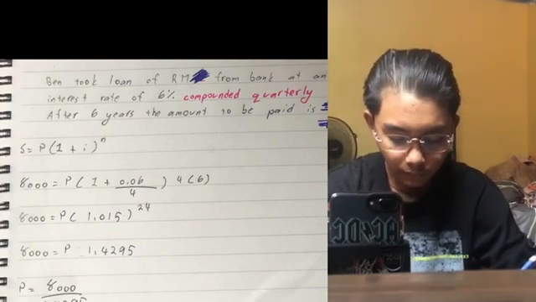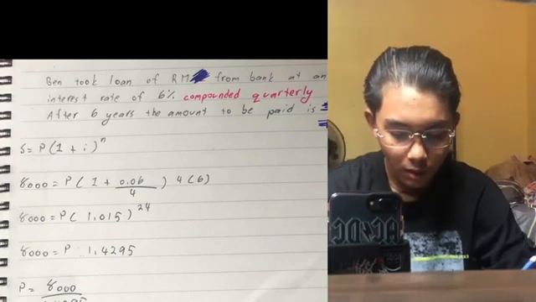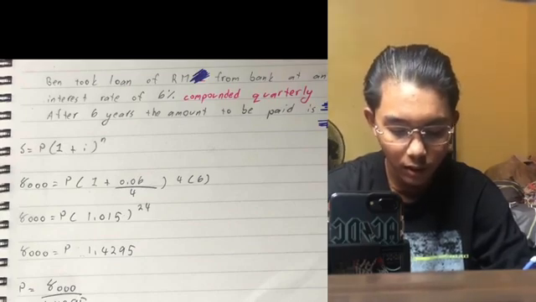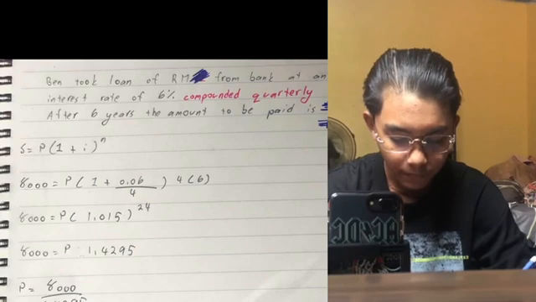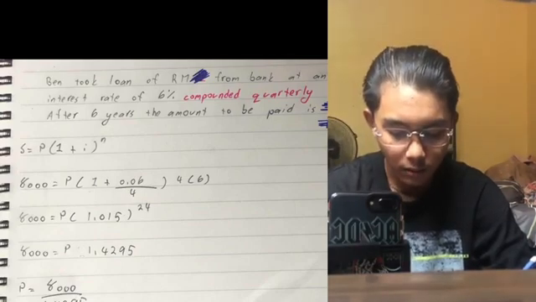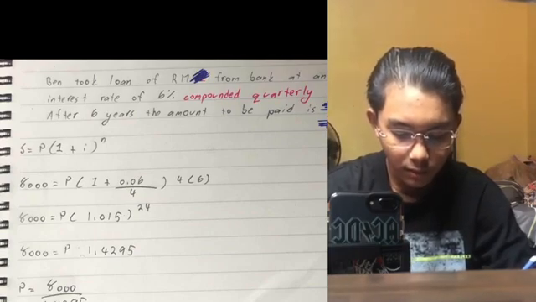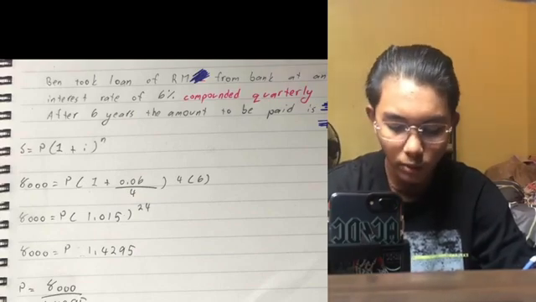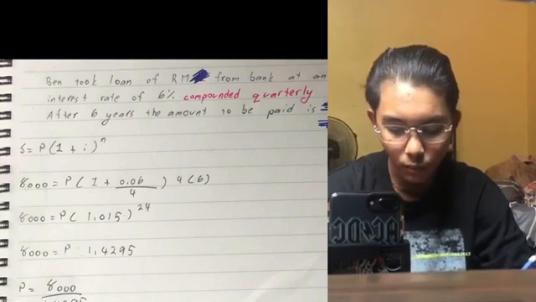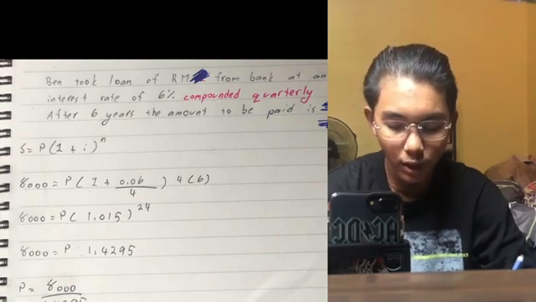After that, in bracket with the power of 24, it will become 1.4295, and we will need to transfer the P to the front, and it will become P equals to 8,000 divided by 1.4295, and we will calculate that.